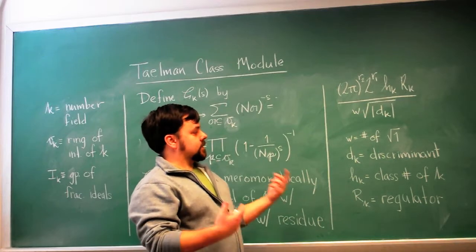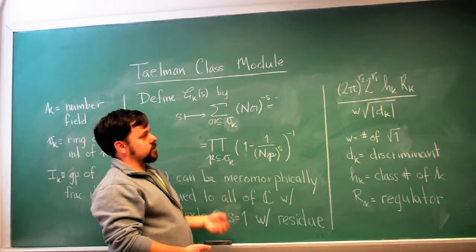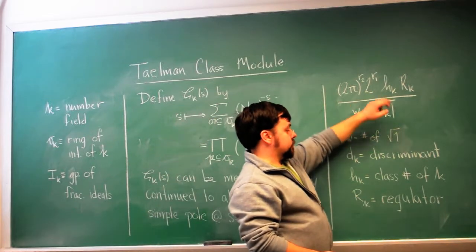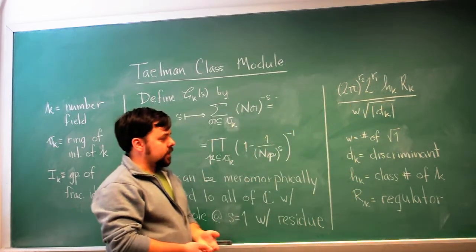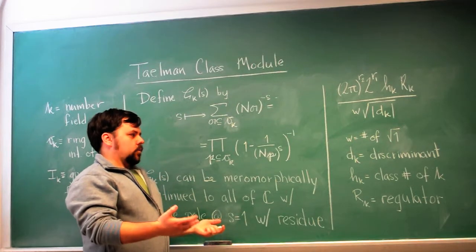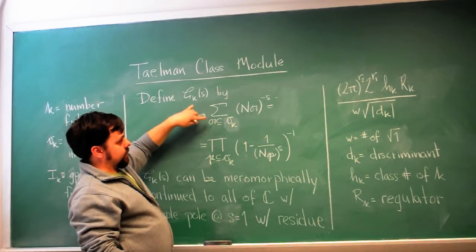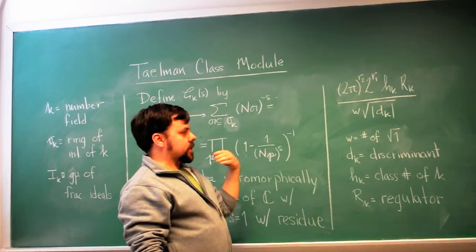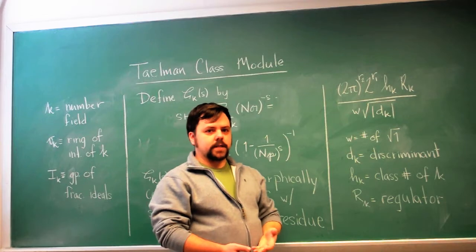So it's interesting that the Dedekind zeta function encodes so much information about the number field, particularly things about the class group. Why is it that this analytic function gives you so much information about the arithmetic of K? You might wonder if there is some philosophical reason.